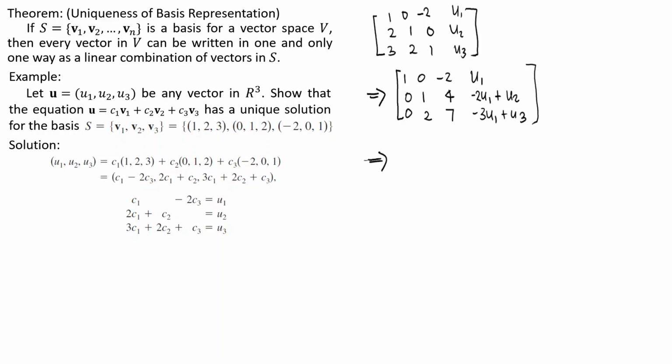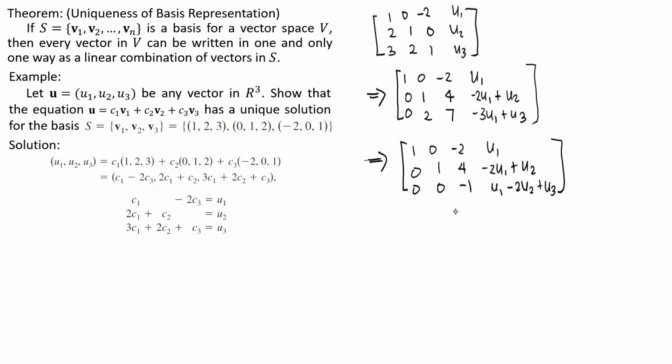Then we will continue the process until we get the reduced row echelon form. So 1, 0, negative 2, u sub 1; 0, 1, 4, negative 2 u sub 1 plus u sub 2. We make this 0: we multiply row 2 by negative 2 and then add to row 3. So that's 0, 0, and we multiply this by negative 2, so that's 4 minus 3, and the right side is u sub 1 minus 2 u sub 2 plus u sub 3.